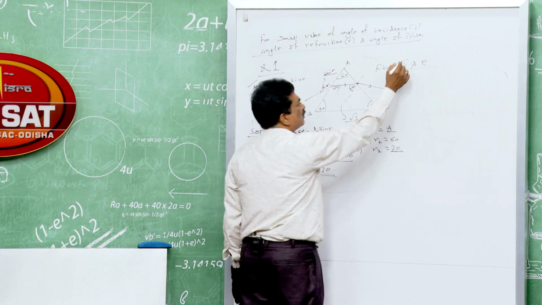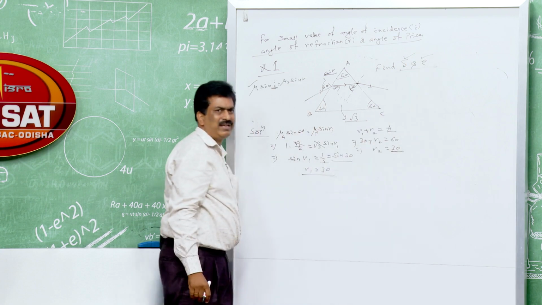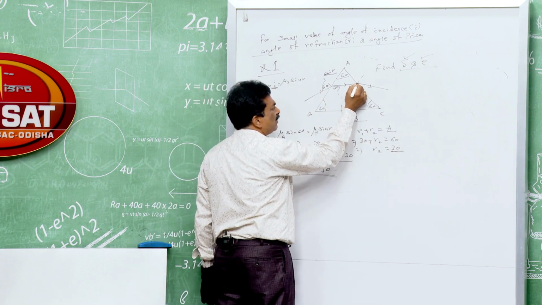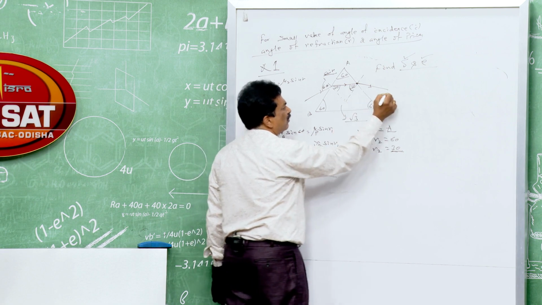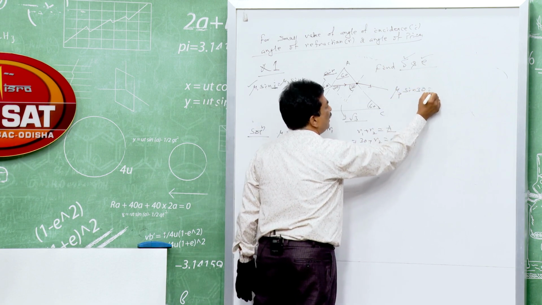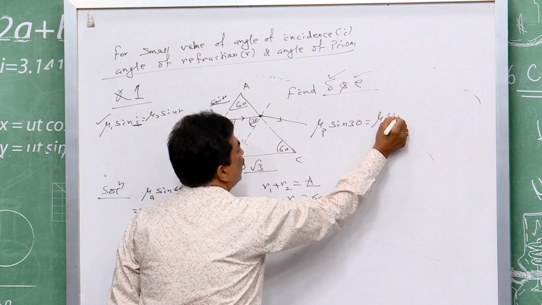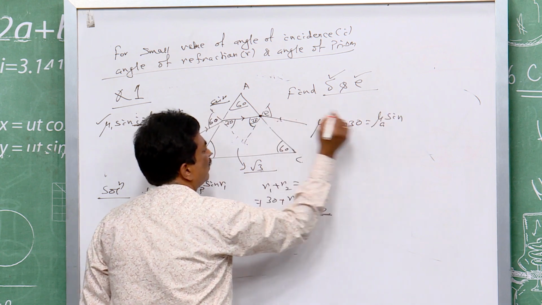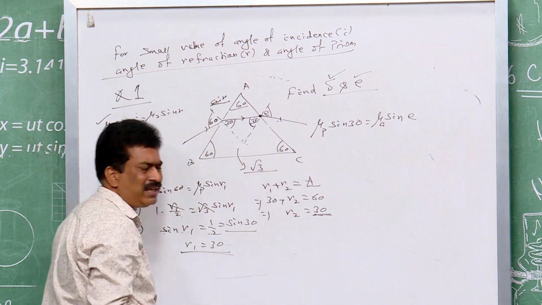But the question is to find δ and e. To find that, refraction takes place according to the formula: μ of the prism times sin 30 is equal to μ of air times sin of this angle, that is e.